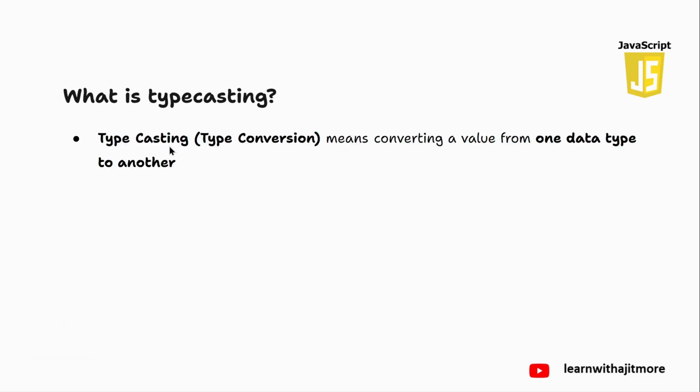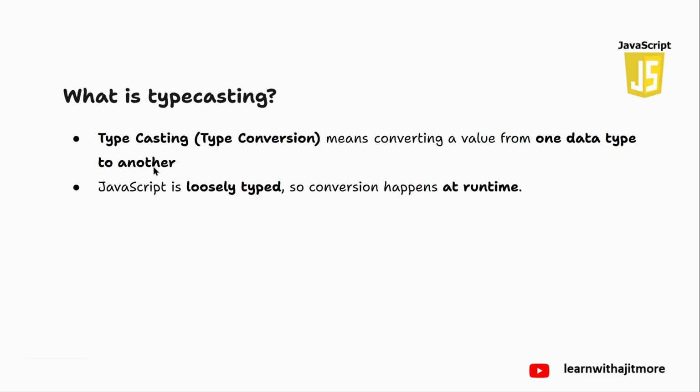So typecasting means conversion. Conversion of what? Data types. So typecasting or type conversion means converting a value from one data type to another. Hope it is clear. Then, JavaScript is a loosely typed language.